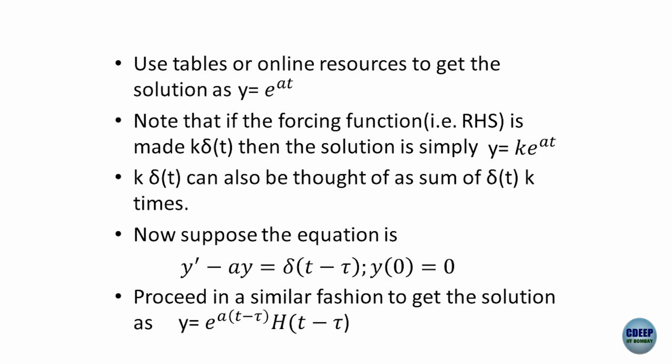And if you now have the equation with delta of t minus tau on the right hand side, then you can proceed in a similar fashion to get the result shown below. But physically, y(0) equal to 0 is quite important, as we will see as we move ahead.